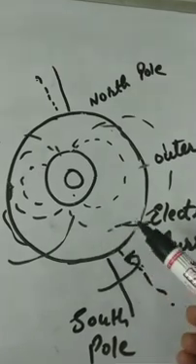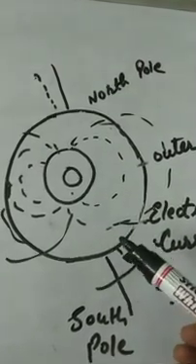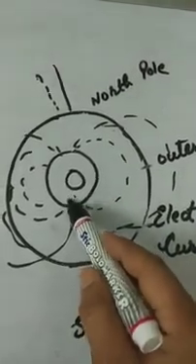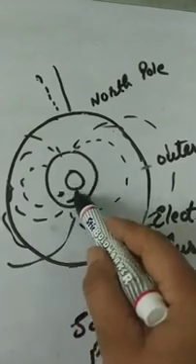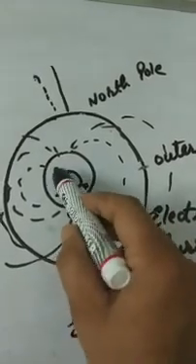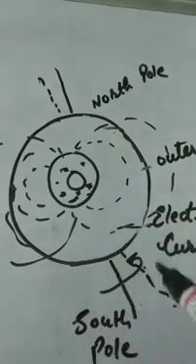Earth's magnetic field is produced by the shifting motion of molten iron in the earth's outer core.